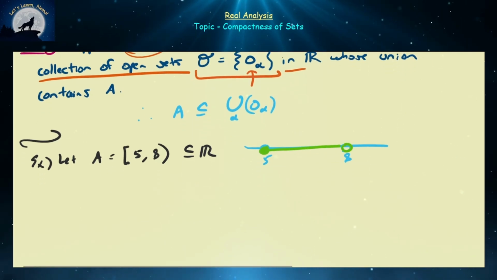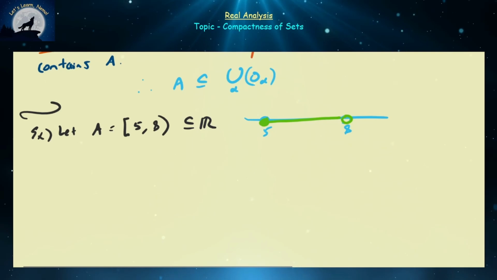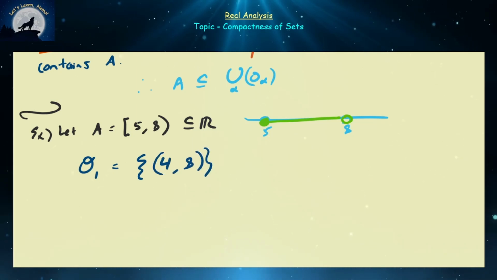So, what is an example of an open cover? We can define the first open cover, O1, to be equal to the open interval (4, 8). Keep in mind an open cover is a collection of sets, in particular open sets. So this is obviously an open set.